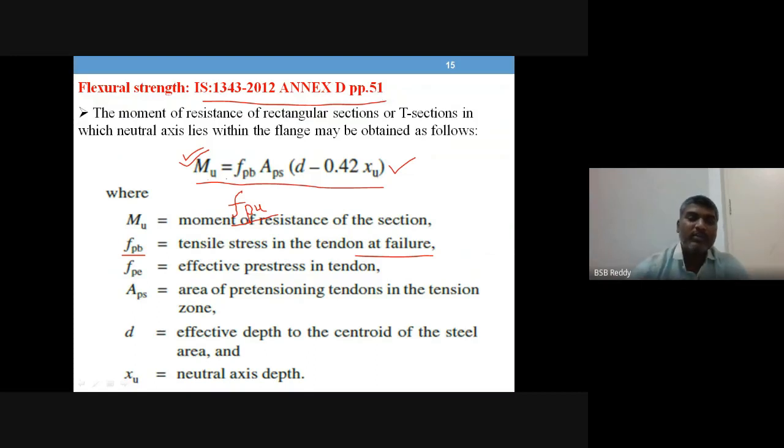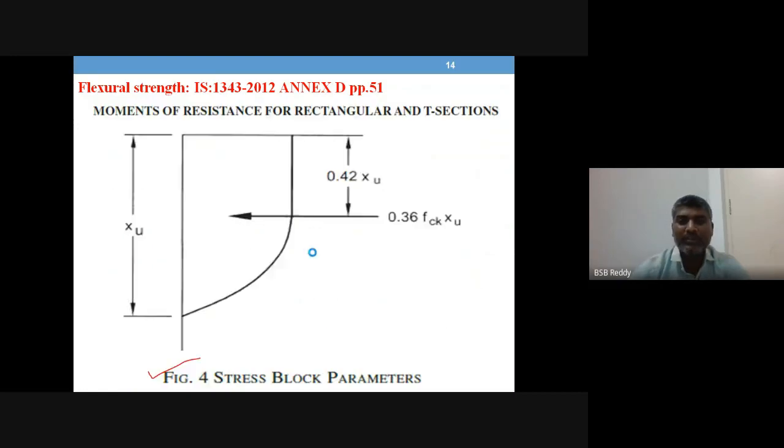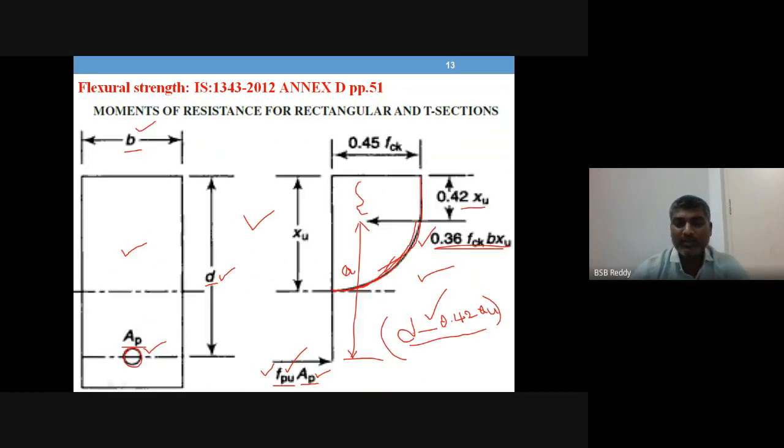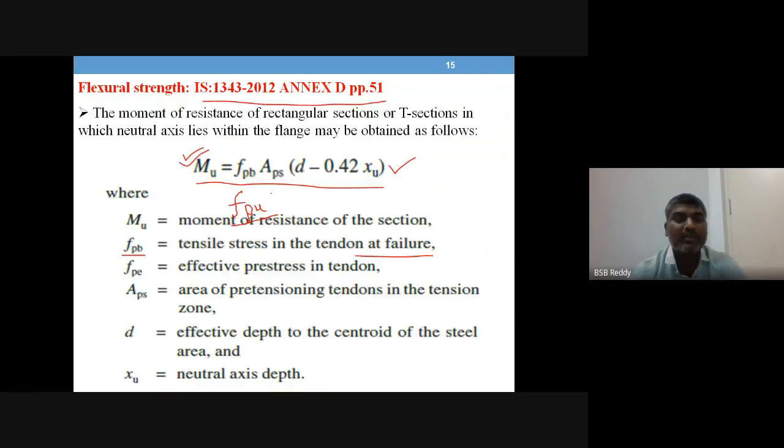So Mu is equal to fpb Aps into d minus 0.42 xu, where d minus 0.42 xu is the lever arm. Force multiplied by this distance is moment. So fpu Ap (d minus 0.42 xu) according to the textbook.